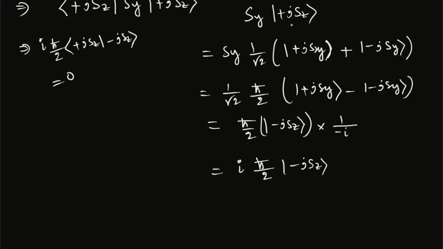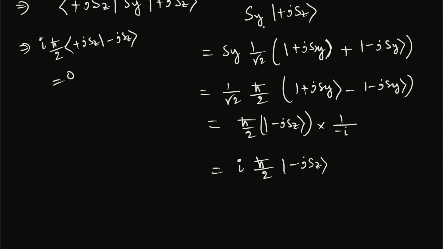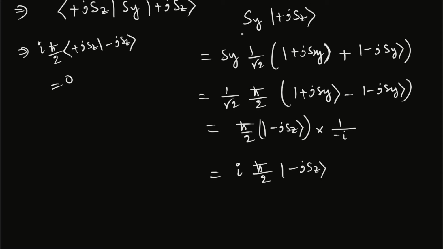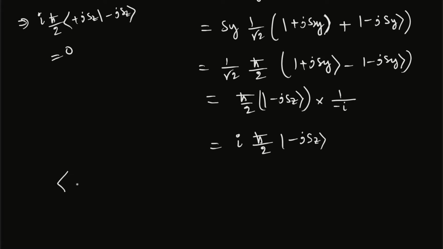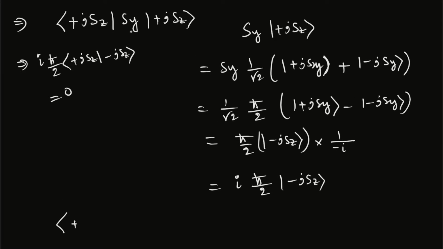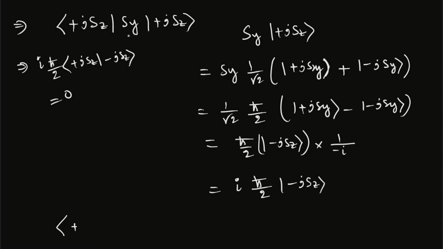If we operate Sy here, or we can do another thing, since we know that Sy operating on |+z⟩ will give iħ/2 |−z⟩.